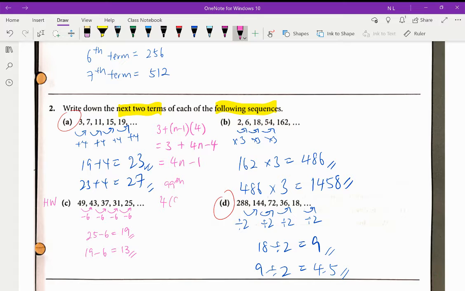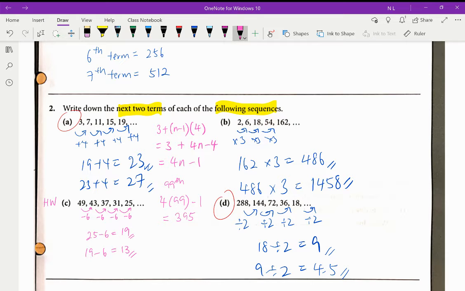So 4 times 99 minus 1. When I press it in the calculator, it'll give me 395.